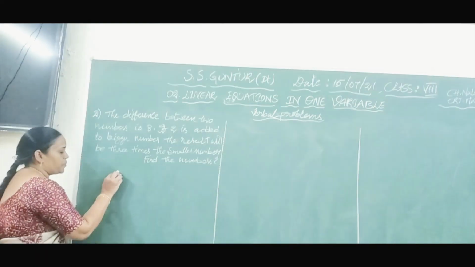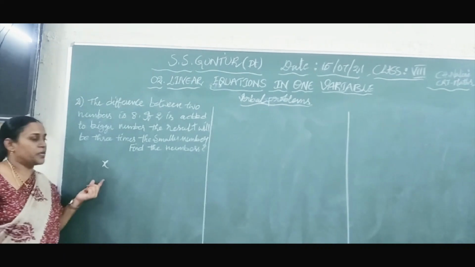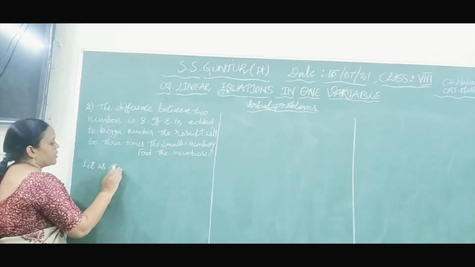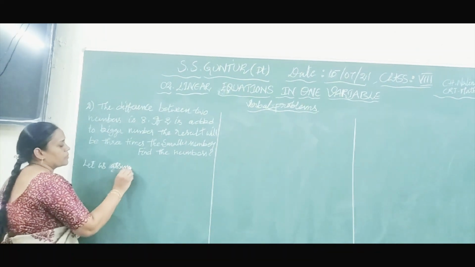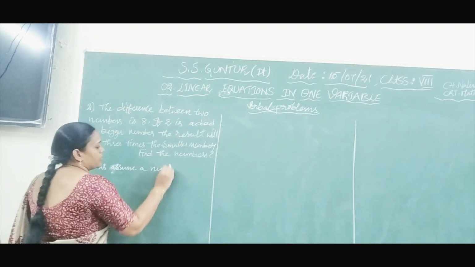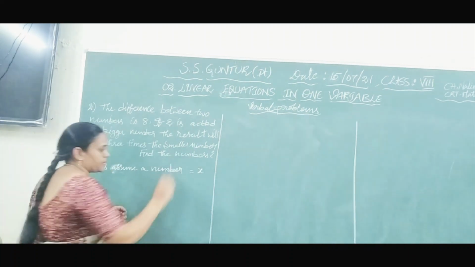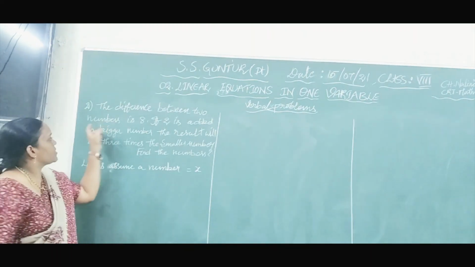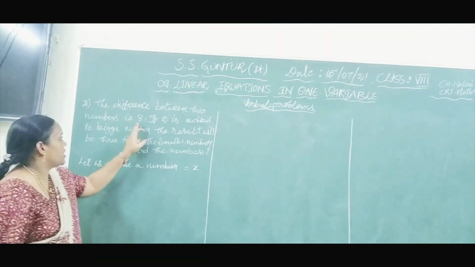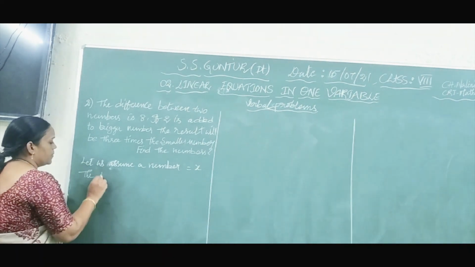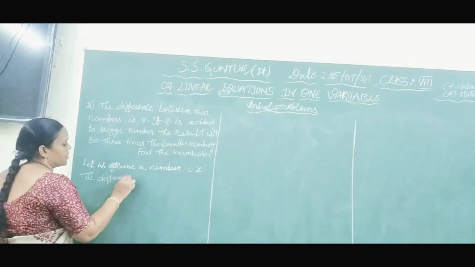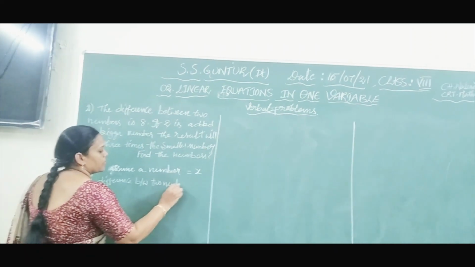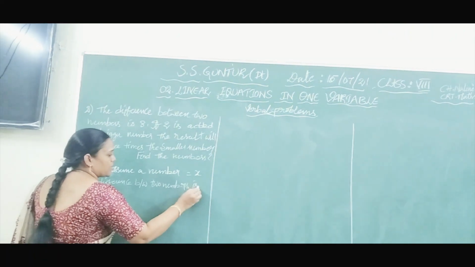So first take one number, let us assume a number equal to x. Next, the difference between two numbers is 8.